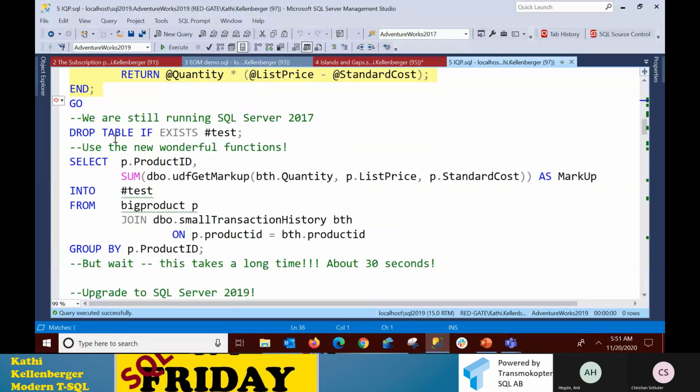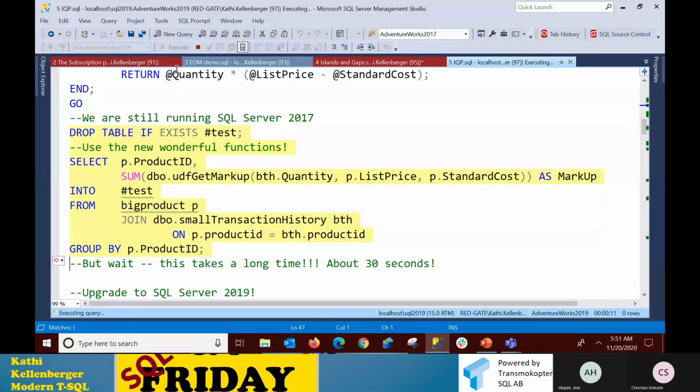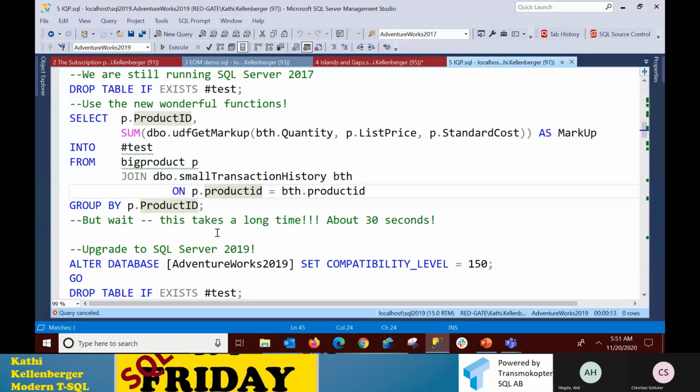So if we're using 2012 and we add that function instead of my formula, all of a sudden I've got problems. Instead of running fast, it's going to take a long time. I'm going to let it go 10 seconds, then I'm going to kill it. That's long enough.